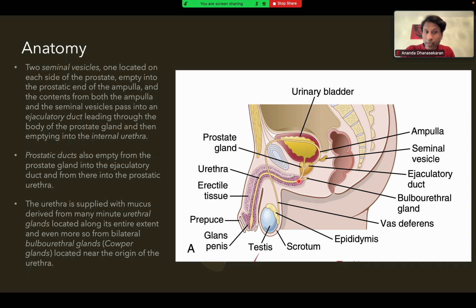And in the urethra, we have the bulbourethral glands, known as Cowper's glands. These glands also have secretions which constitute the ejaculate. So the ejaculation consists of these four areas, which we will discuss in much more detail.